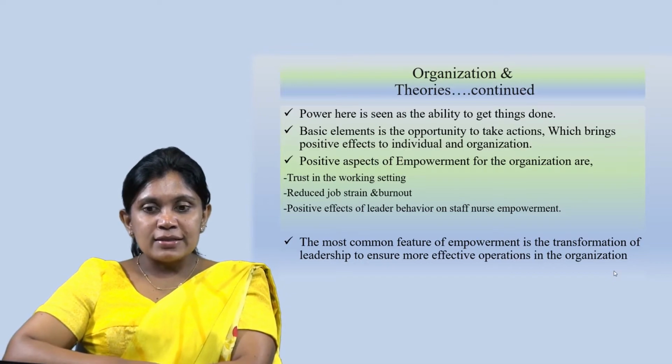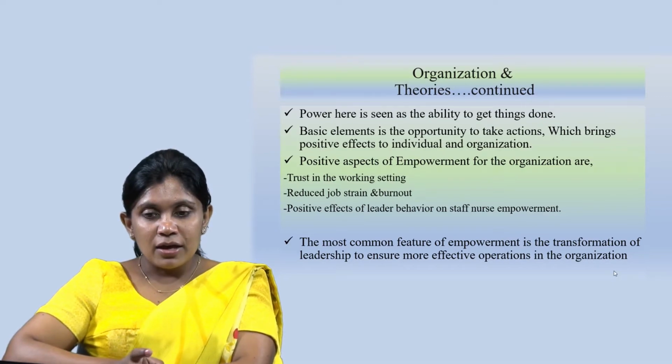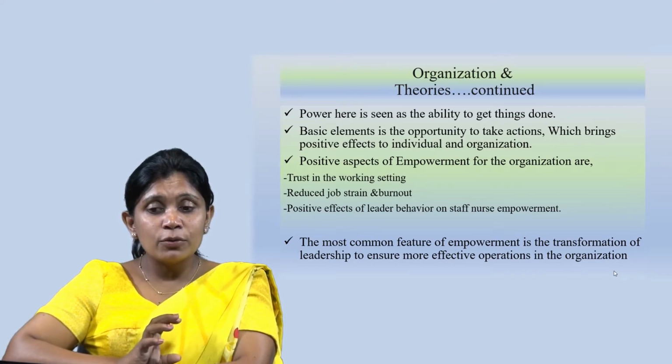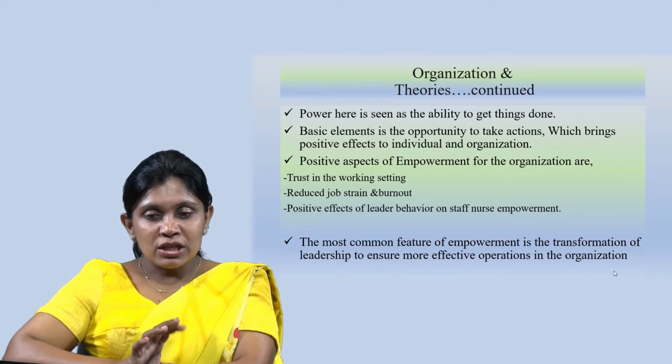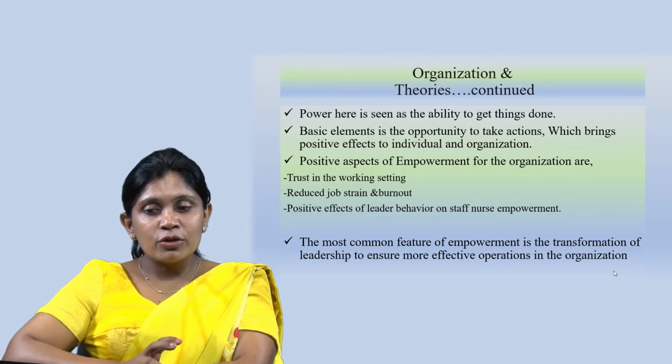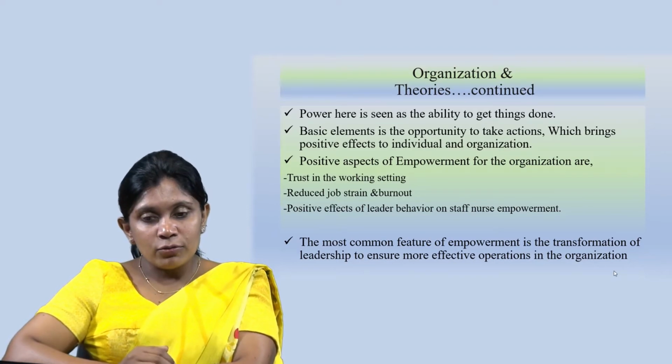Continuing these organizational theories, here power is seen as the ability to get things done. The basic element is the opportunity to take actions which bring positive effects to the organization and the individual. So, positive aspects of empowerment for the organization are trust in the working setting, reduced job strain, and reduced burnout.